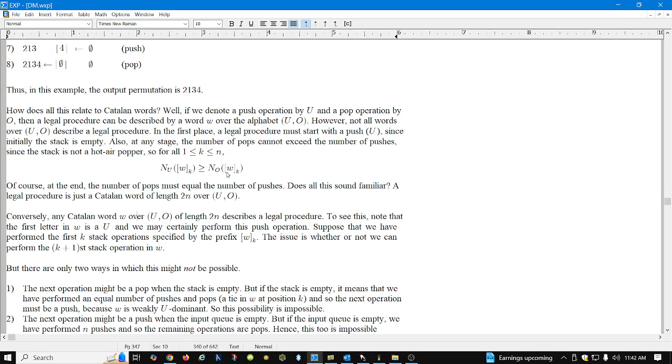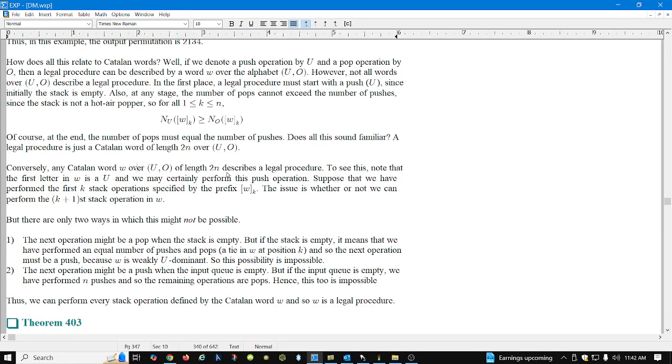And to see that, we have to dig down into the process here. The first letter in W is a U because it's a Catalan word. It's weakly U dominant. So we can certainly perform that push operation, push it onto the stack.